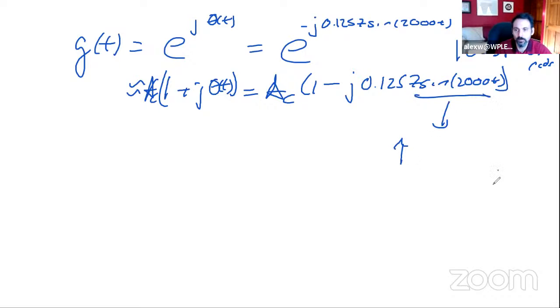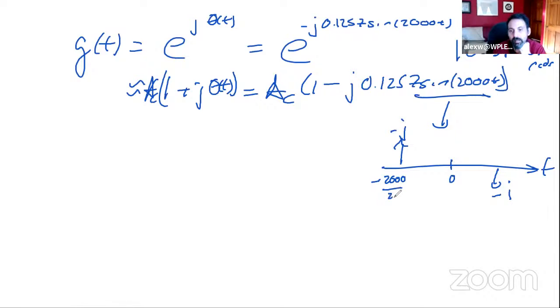That's going to be plus j, minus j, located at, if we look at omega or an F domain, minus 2000 divided by 2 pi, and here plus 2000 divided by 2 pi. So we know that right away. How about this guy, delta F?